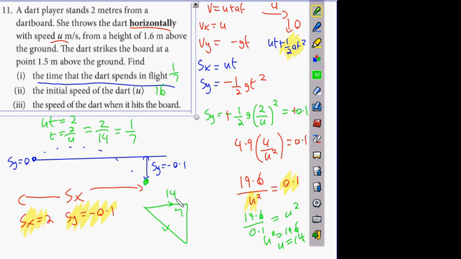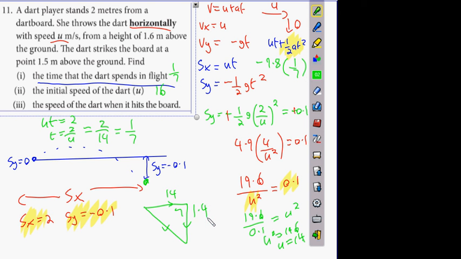What we do need to find out is the j component of your speed on the way down. The j component is your vy. Your vy is minus gravity times time, and we said that time is 1/7. So multiply that by that, and you should get minus 1.4. So 1.4 on its way down.